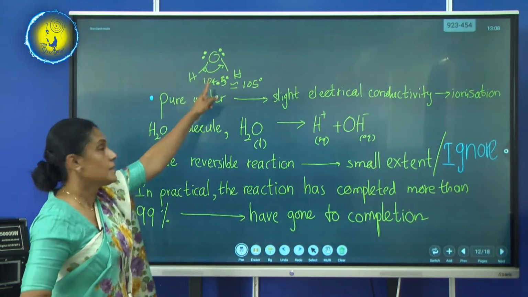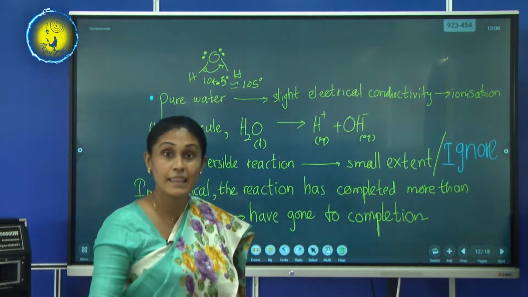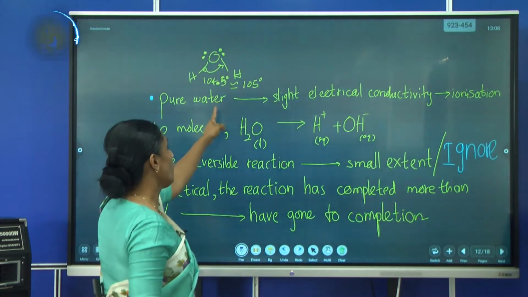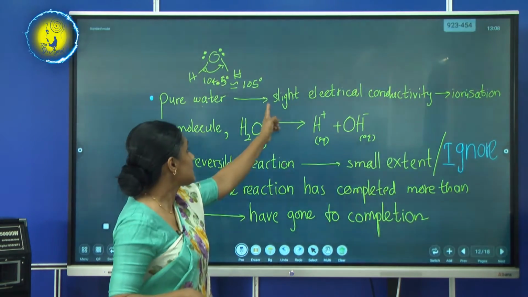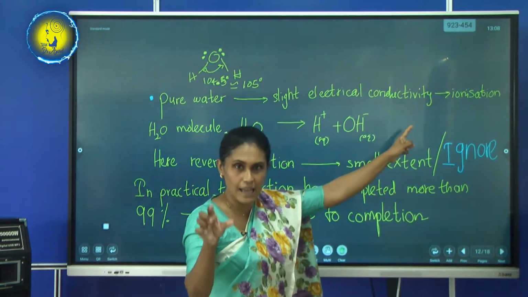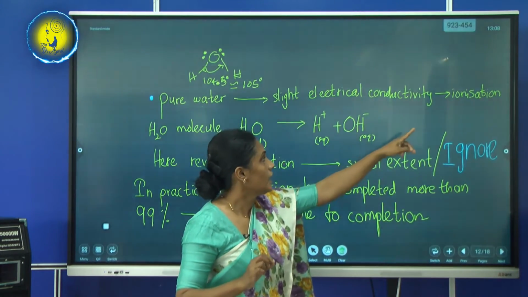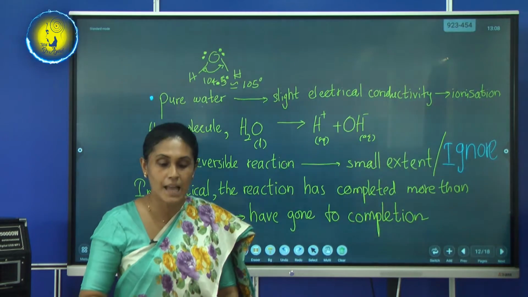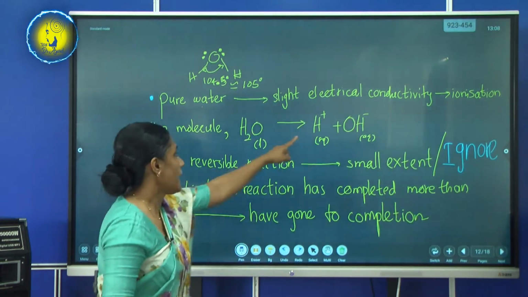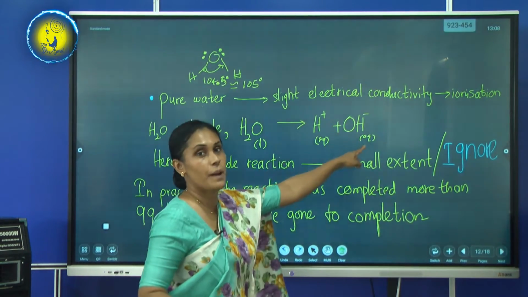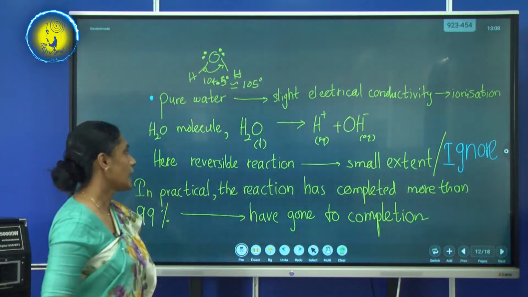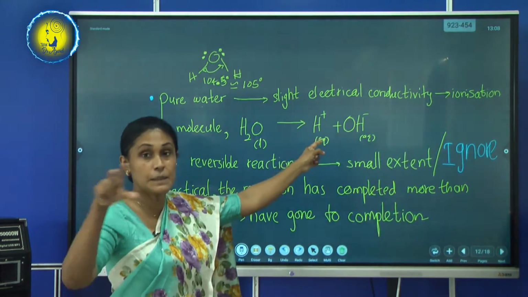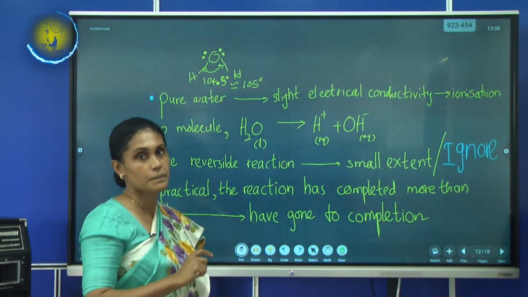So you see there is a sort of polarity. So pure water has what? Slight electrical conductivity. So it can ionize. How does it ionize? H plus and OH minus ions. H2O molecule can be ionized simply in this manner.